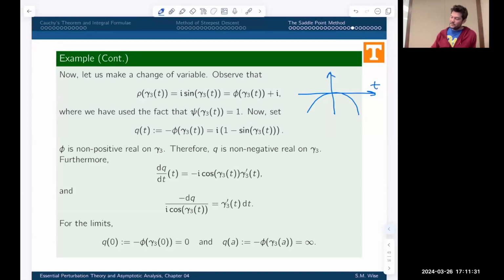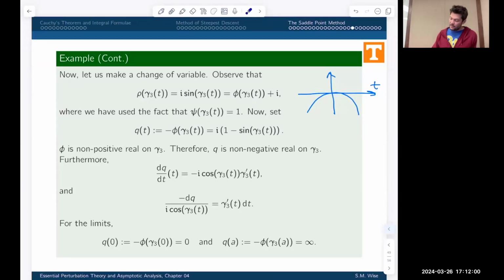So as t goes along, phi, when I run along gamma 3, goes up to 0 and then back down. So that's like a parabola, right? I could replace this by a new variable, let's say r squared, or I can transform this negative parabola into a linear value.